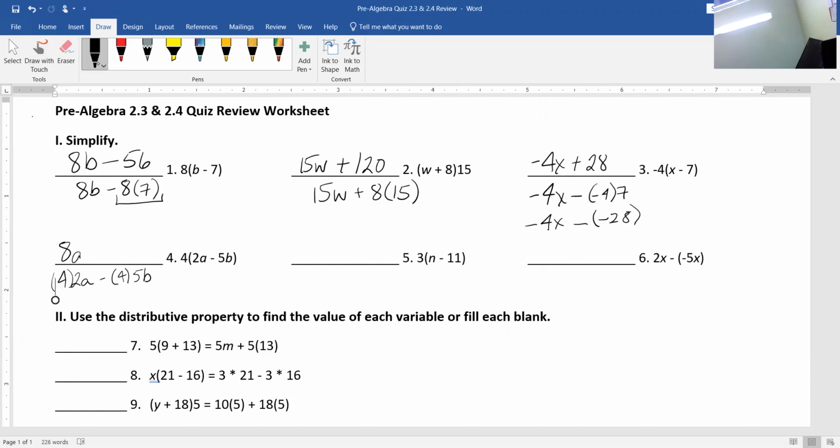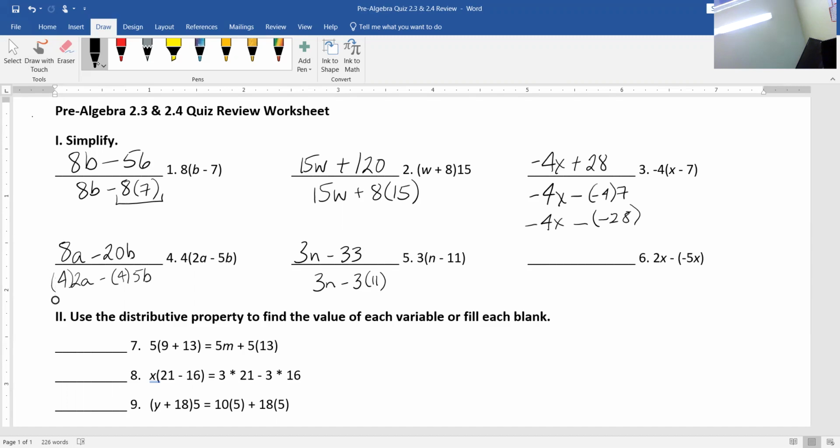So this becomes 8a minus 20b. All right, and then number 5, 3 times n minus 11. So just distribute the 3. And it's 3n minus 3 times 11. So this just becomes 3n minus 33.